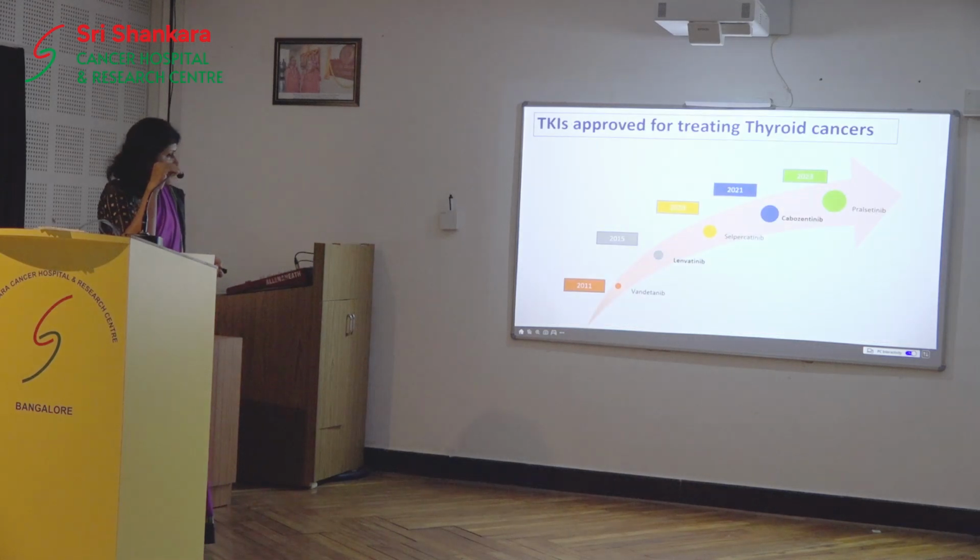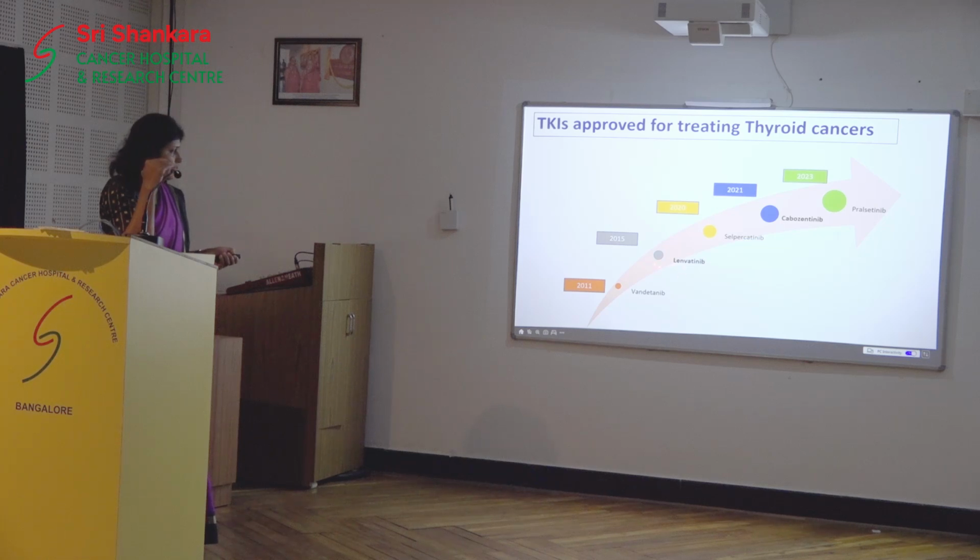Now coming to the drugs which are approved, we have all these drugs in our armamentarium and many more as well. Initially it started with vandetanib in 2011, then came lenvatinib in 2015. Lenvatinib is the most favored drug by all our medical oncologists, more so because of its easy availability. I wouldn't call it manageable toxicities, it has significant toxicity. But again, it is like a poor man's tyrosine kinase inhibitor.